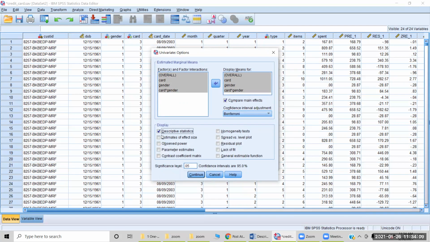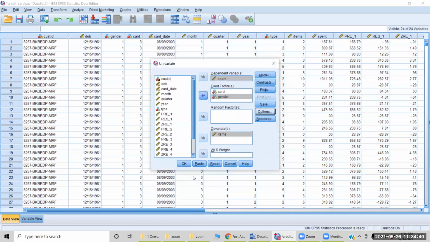Descriptive statistics are mandatory because we want to know the actual amounts, and then estimates of effect size, eta squared, will be calculated. The parameter estimates are essential because we want to see the extent of the relationship and the role of the moderating variable, gender. Homogeneity tests are mandatory because ANCOVA, ANOVA, and all such tests require us to estimate Levene's statistic. So that is mandatory. So we continue.